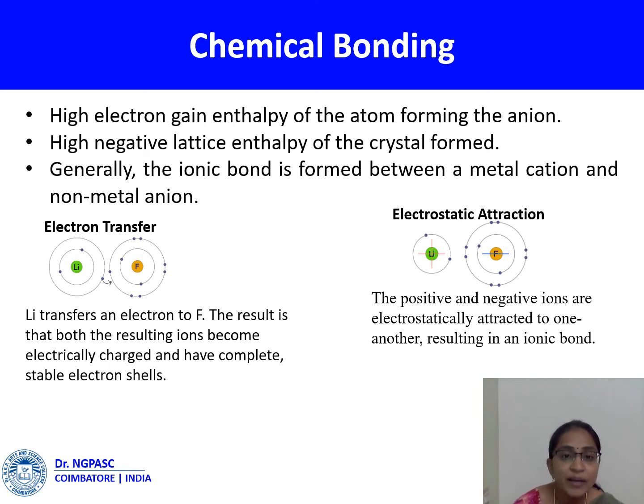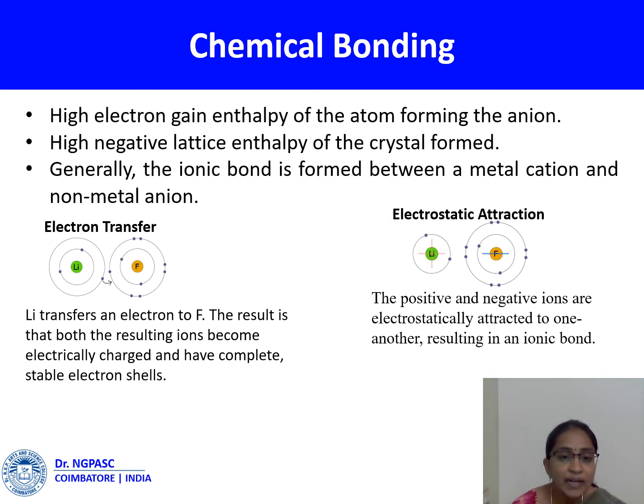Fluorine is a halogen. Now the electron transfer: lithium has one electron in its outermost shell and fluorine has 7 electrons. Lithium transfers an electron to the fluorine atom. So both the resulting ions become electrically charged and have a complete stable electron shell.